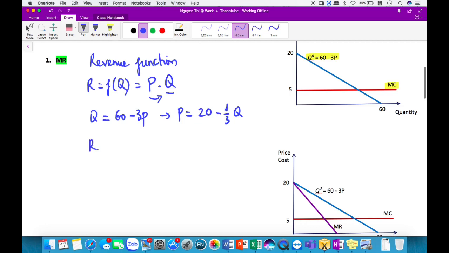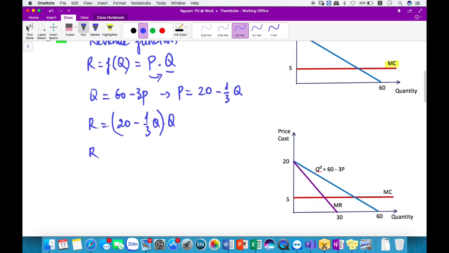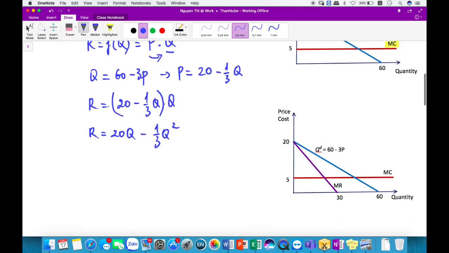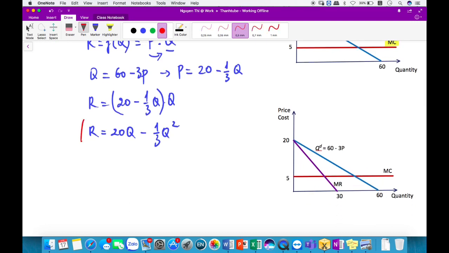Then you get revenue equal to (20 minus 1/3 Q) times Q, or revenue equal to 20Q minus 1/3 Q squared. So this is the revenue function.